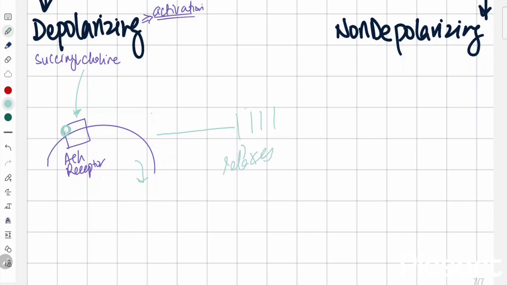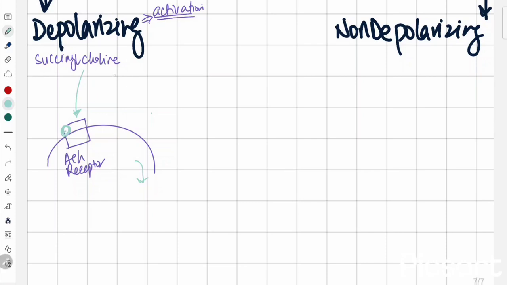So due to the sustained stimulus by succinylcholine, the muscle stops responding to the stimulus from the succinylcholine and it just relaxes. It doesn't remain contracted anymore, and that is the mechanism of action of the depolarizing skeletal muscle relaxants.